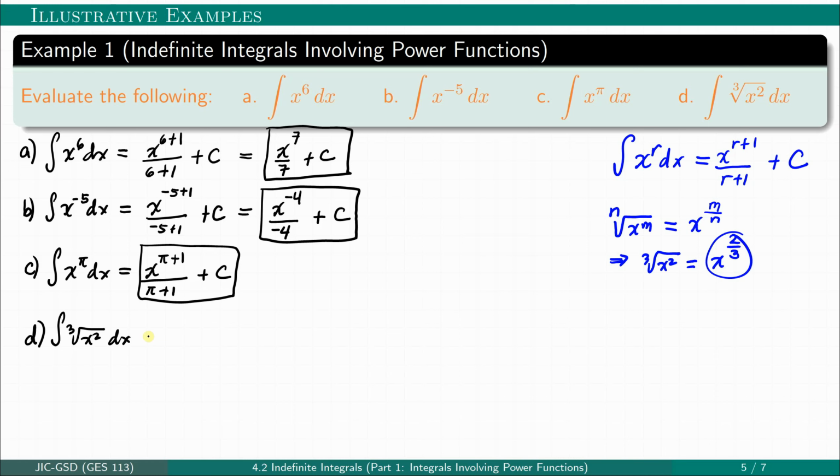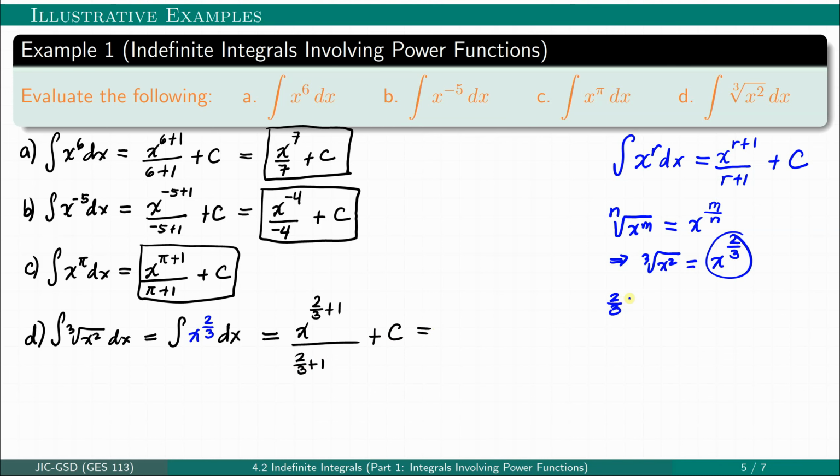Going back to our fourth example, we are going to rewrite this integral as the integral of x raised to 2/3 dx. And in this case, our power is just 2/3. So we just add 1 to 2/3 divided by 2/3 plus 1 plus a constant c.